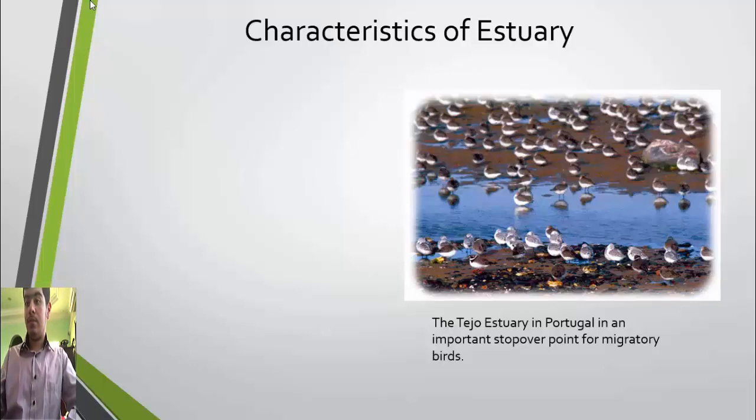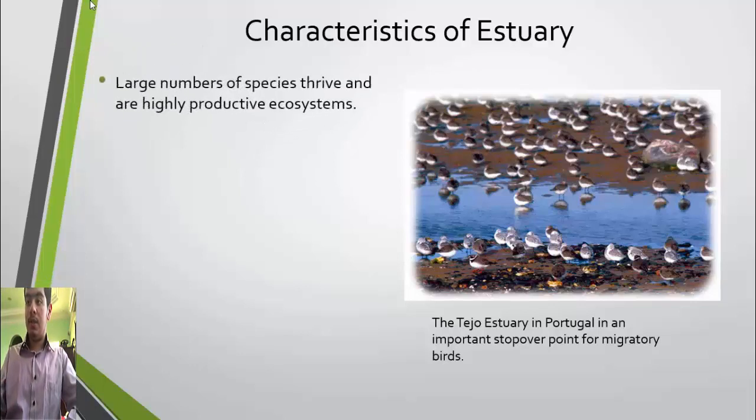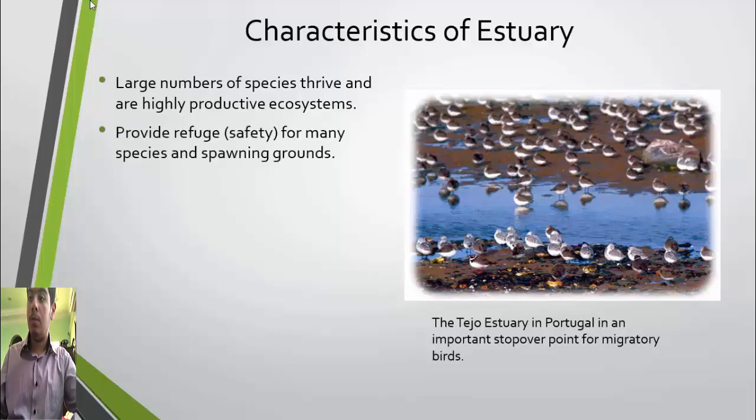That's a good thing. A large number of species thrive, and it is a highly productive ecosystem. They live there and give birth there. With the help of the estuary, many organisms go there. If it wasn't there, what would happen to those organisms? I don't know. It provides refuge. Refuge means safety, for many species, spawning grounds.